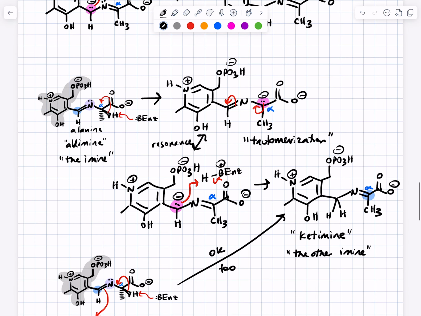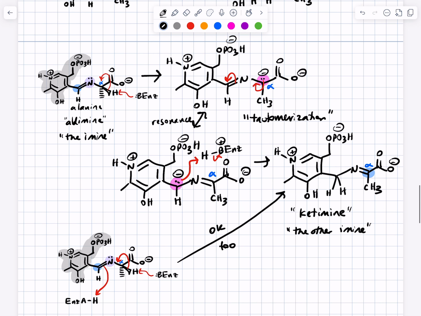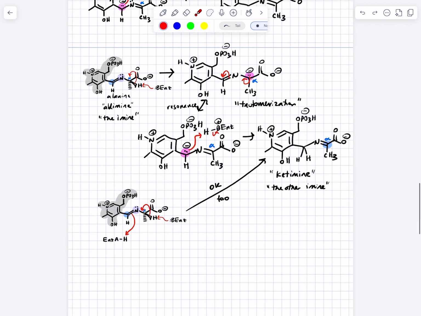With PLP, you can convert by tautomerization, or two proton transfer steps, the aldimine from the PLP aldehyde to the ketimine, which you get by deprotonating the alpha carbon and then reprotonating on the other side of that alpha carbon, either directly as shown here or via a resonance stabilized intermediate shown here. Here is the ketimine.